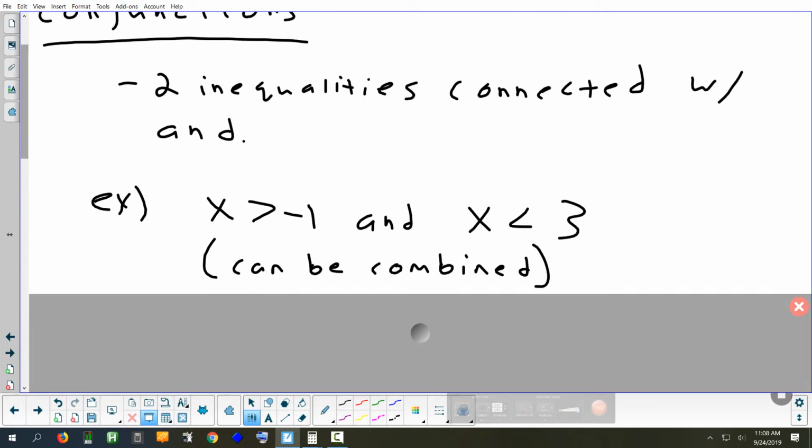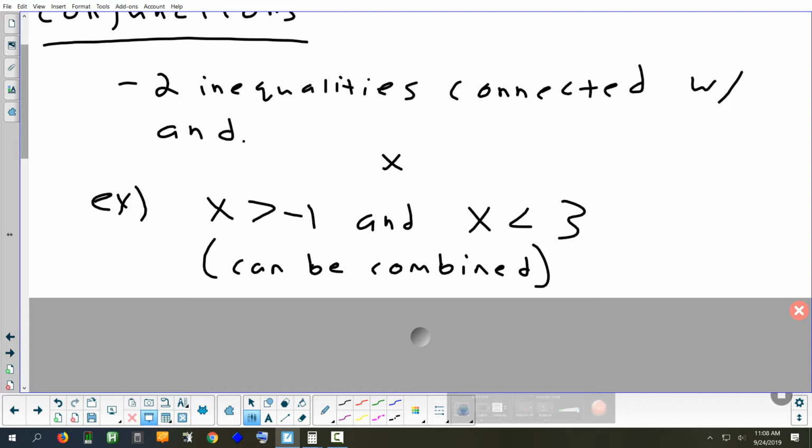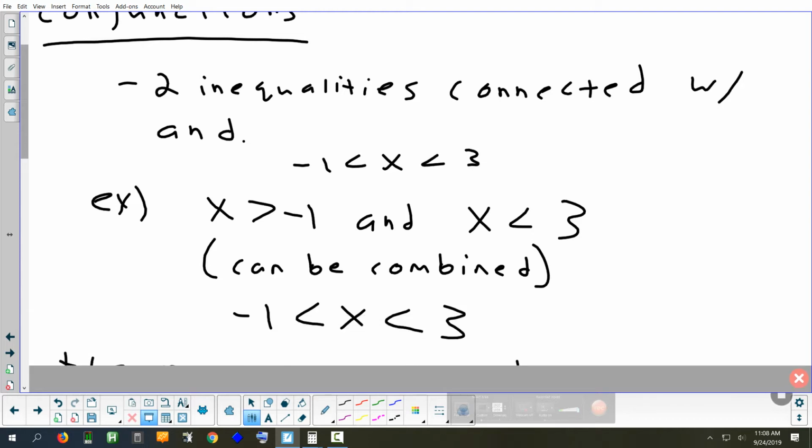Now, another way to write this is to combine it into one inequality. Does anybody know how you could do that starting with an x in the middle? There's actually 2 ways. Yeah, Chris? Can't you just write it as -1 is less than x, but x is less than 3? Yep. So that's one way, and that's the way I actually did it right there.